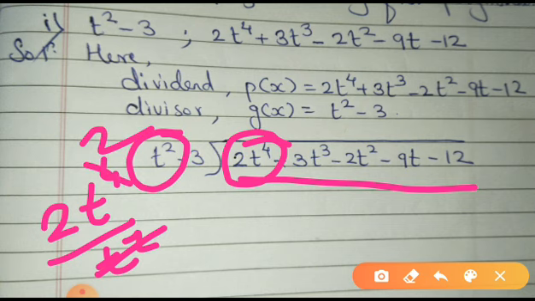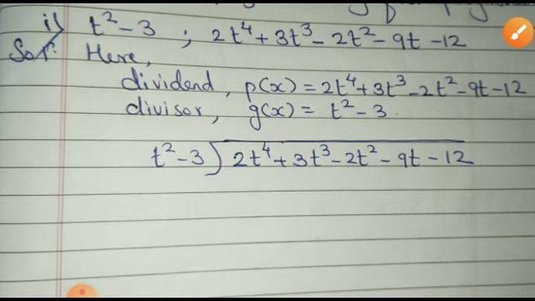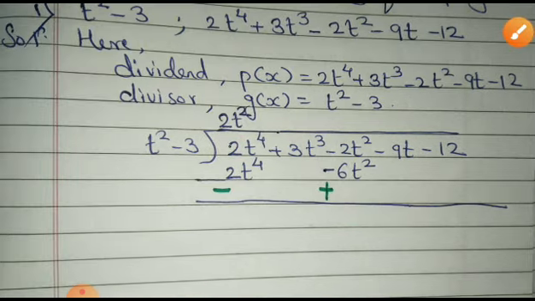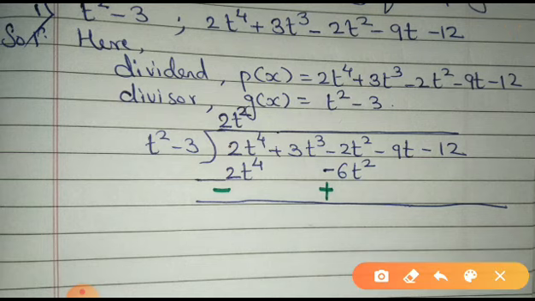So I multiply the divisor with 2t square and change the sign. These terms get cancelled. Here 2 into minus 3 is minus 6t square.